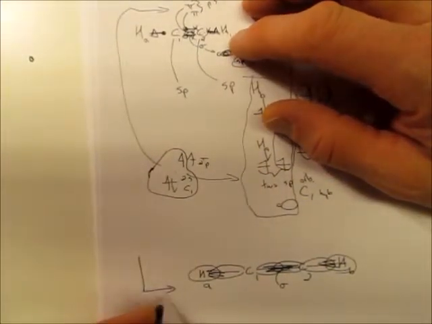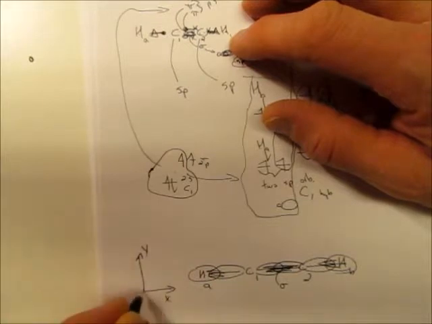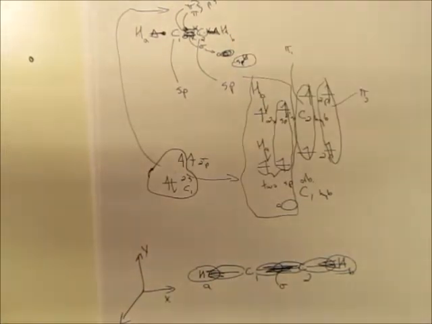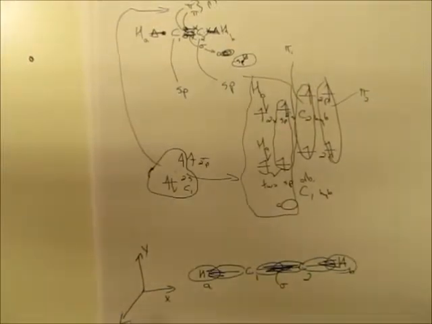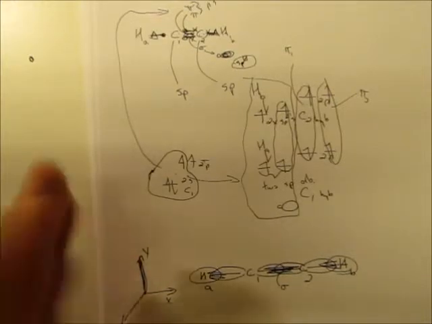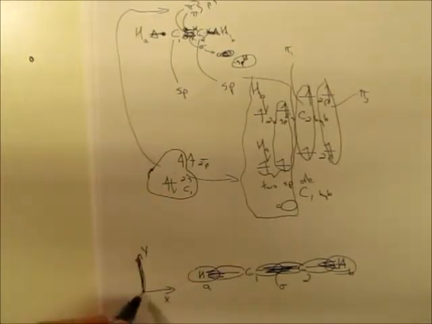So what we're going to do is we're going to need this Y, and this one's supposed to come out of the page. Well, we know that the remaining two p orbitals we're going to use, one of them is the py orbital, which is in the page up and down. The z-axis is going to have to go this way. It's supposed to come out and behind the page.